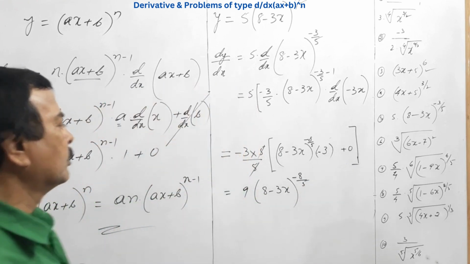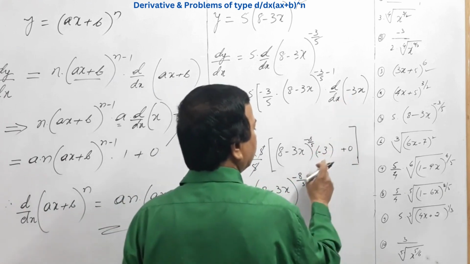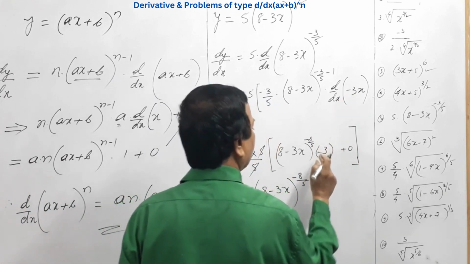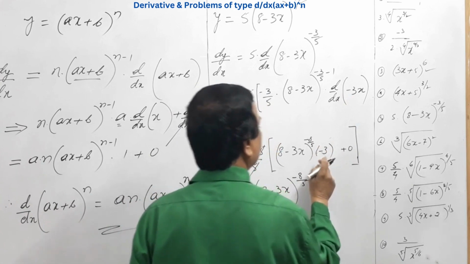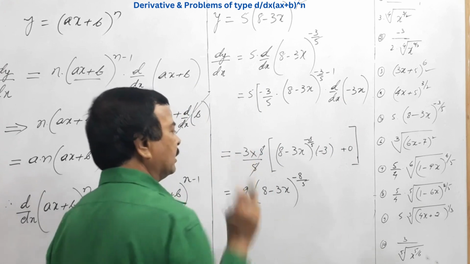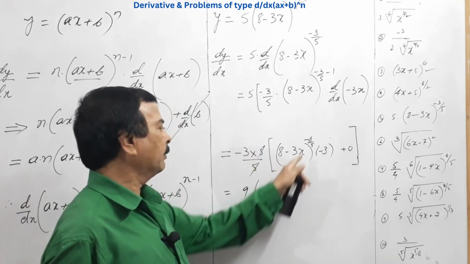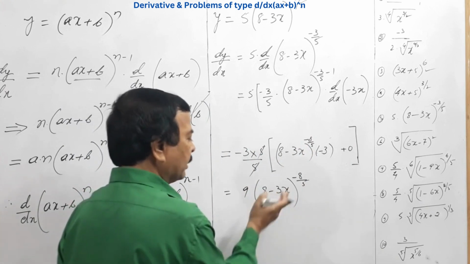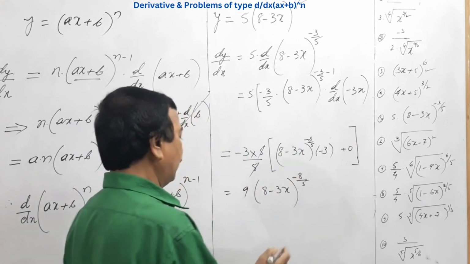We have a minus here, that is minus 3, so minus 3 into minus 3 becomes plus 9. This 5 cancels. So (8 minus 3x) to the power of minus 8 by 5. We can stop here, or further you can simplify this.